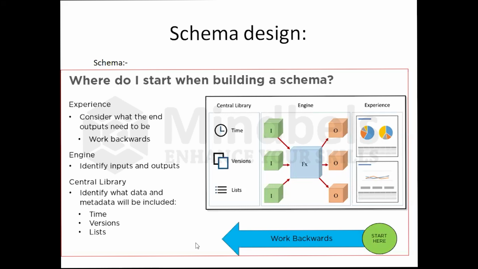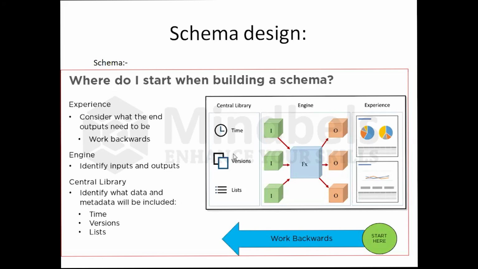For those output modules, what calculation modules you require, and for that calculation module, what all input modules you require, and for all those modules, what list, time, version lists are required. So you can see here, you go back from the UX page to output, then calculation, then input, and then all the lists. This will help you eliminate all unnecessary builds. If you go from the back side, you don't know what is required.